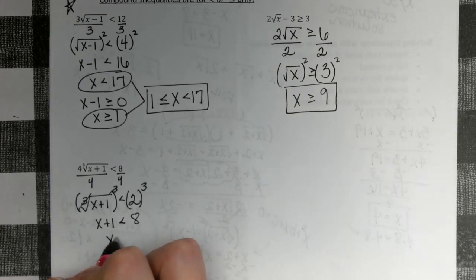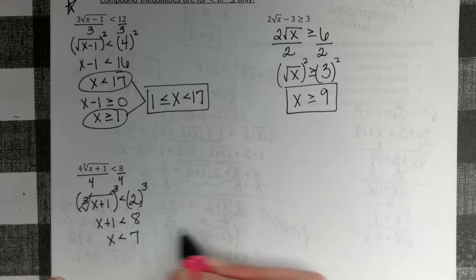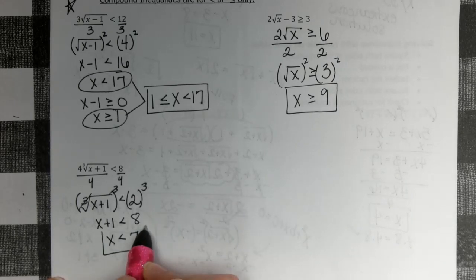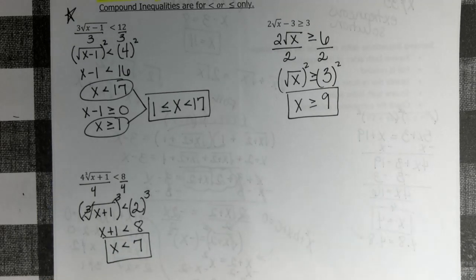Subtract your 1 and x is less than 7. You can take a cube root of a negative. That's why you don't have to worry about cube roots. It's only square roots. Y'all good with that? Do we have questions?